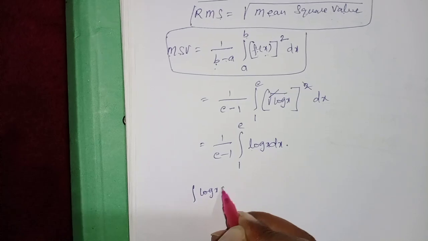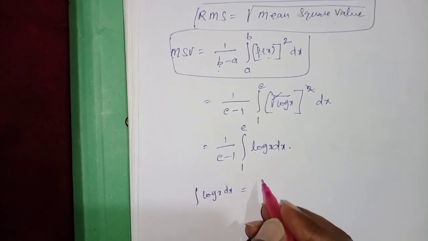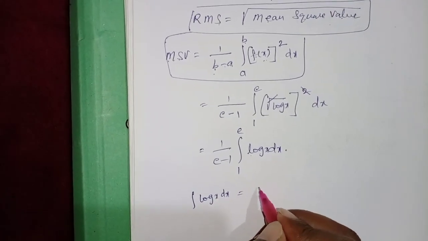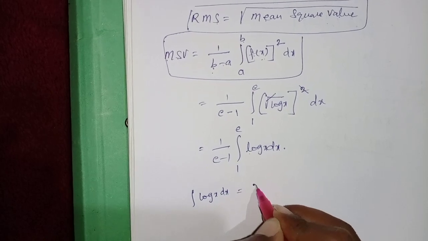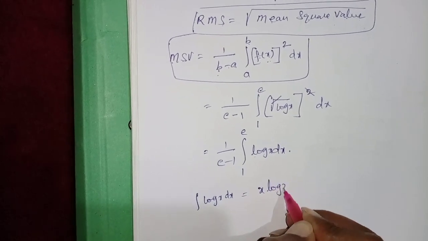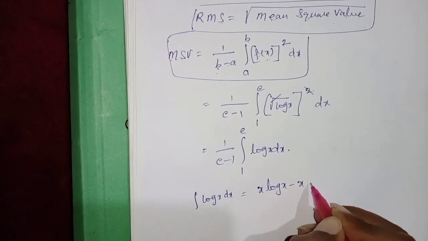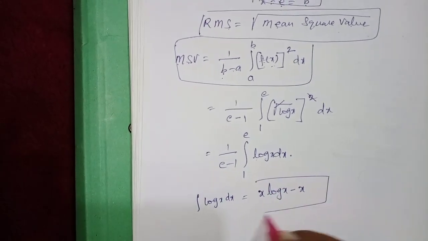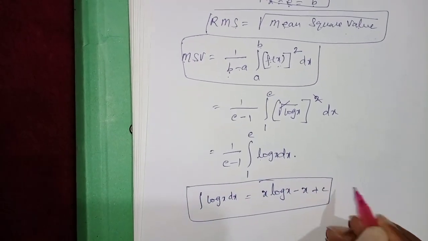See here, integral of log x dx by integration by parts, the answer is x into log x minus x plus c.